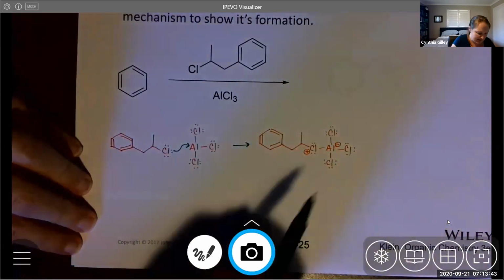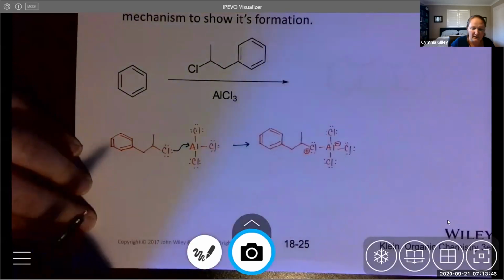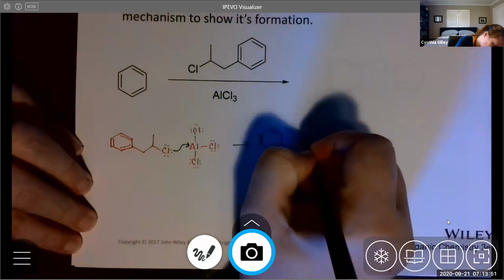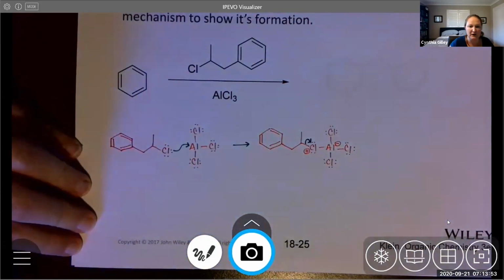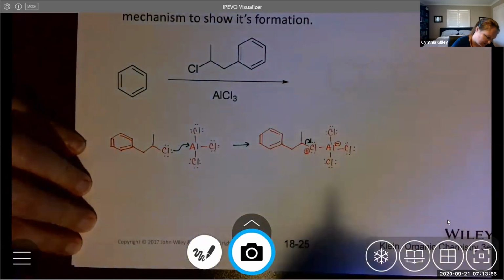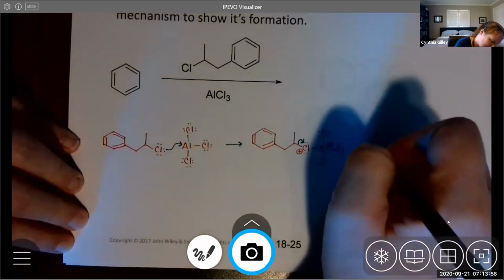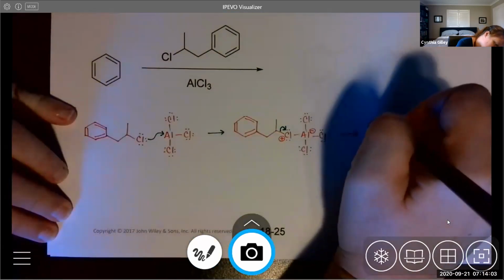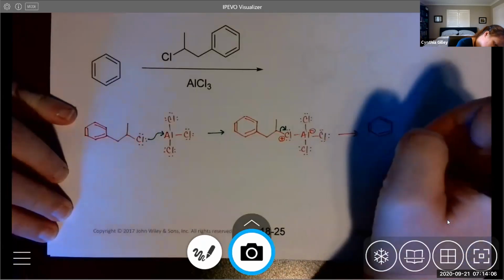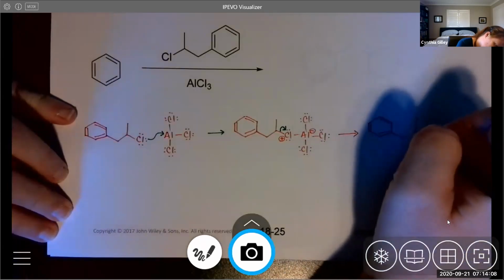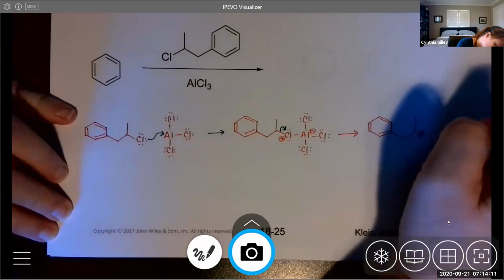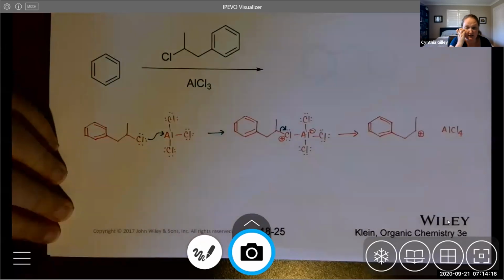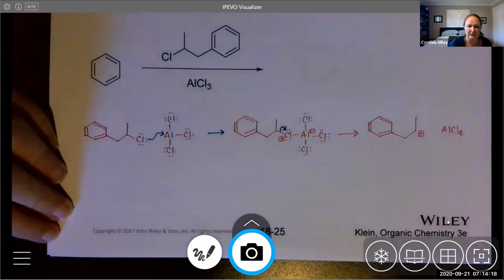So at this point, because the chlorine is attached to a secondary carbon here, we can have loss of a leaving group. Remember, we would not do this if we were forming a primary carbocation. So because we're forming a secondary carbocation, it is reasonable to show loss of a leaving group. That gives us a secondary carbocation and the leaving group that is left, AlCl4-.